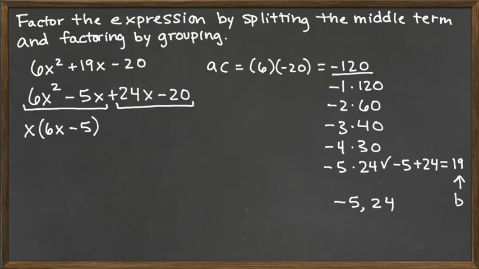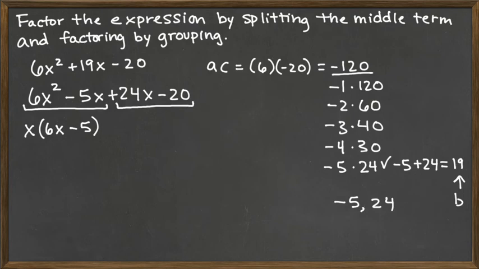So moving to the second set of two terms, we have 24x minus 20. Now this time the 24 and the 20 do have a common factor, and so we can pull out the common factor of 4 from both of those. Now we've always got options here as far as signs go. Do we need to pull out a positive 4 or do we need to pull out a negative 4?